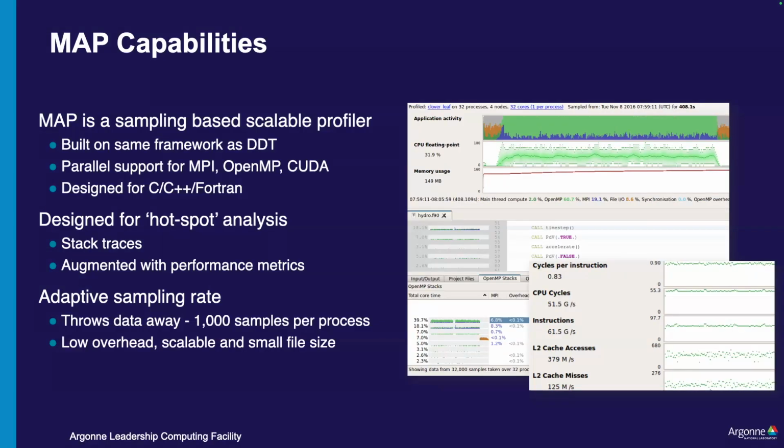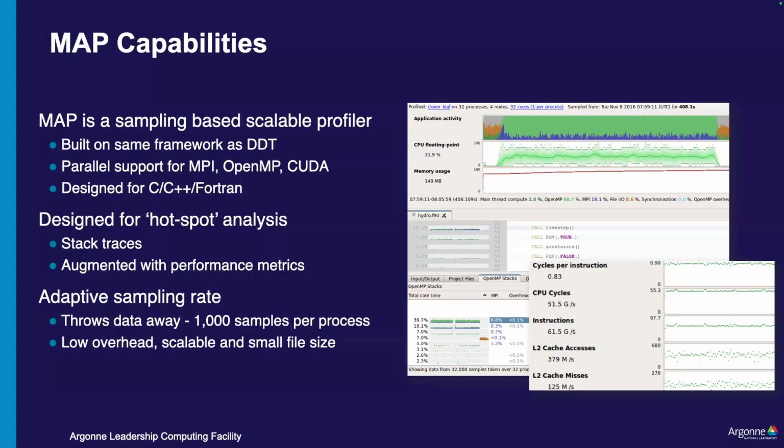So as I said, orange is IO, light green is main thread, sorry, dark green is main thread compute, light green is OpenMP, and then your blue is your MPI. So what's happening for the first part of this application, it's probably just setting up, doing a lot of IO and main thread compute. And then most of that middle bit, it's doing MPI/OpenMP type operations. So that's the application activity, and then underneath that you see CPU floating point operations as well as memory usage.